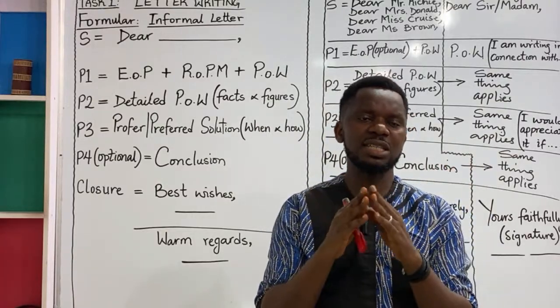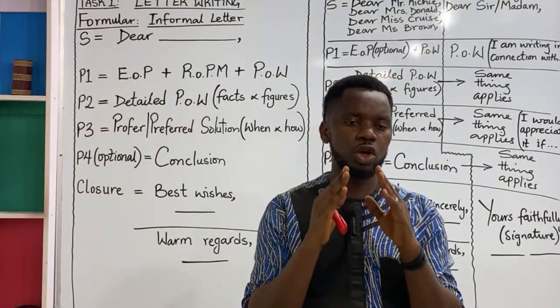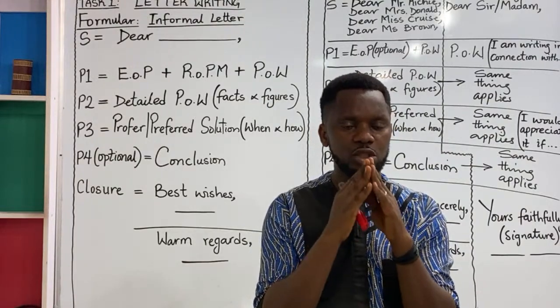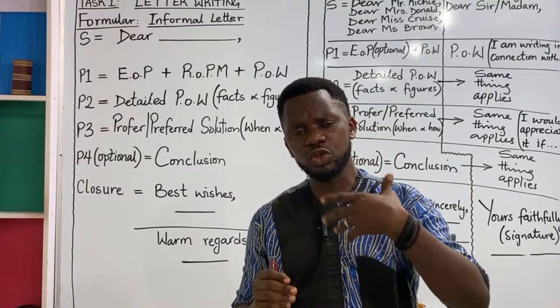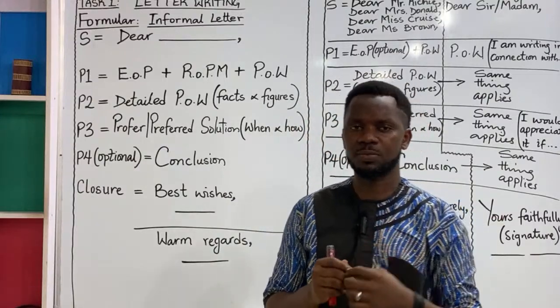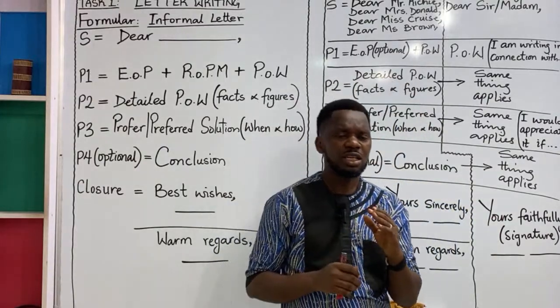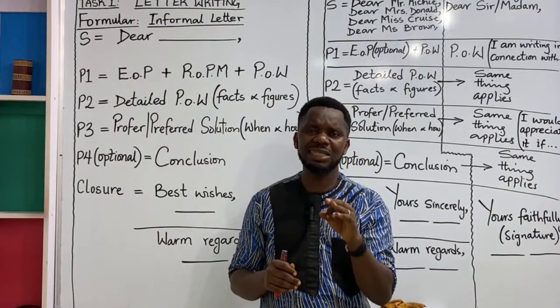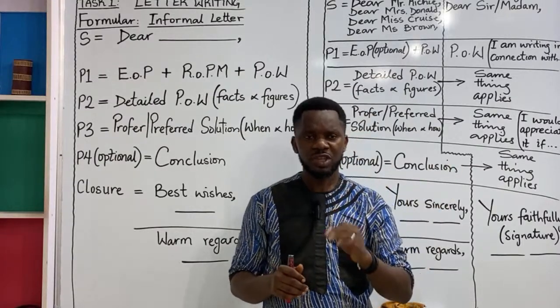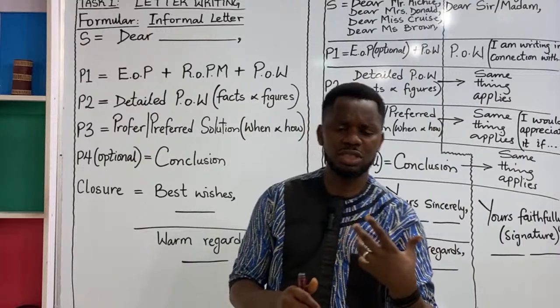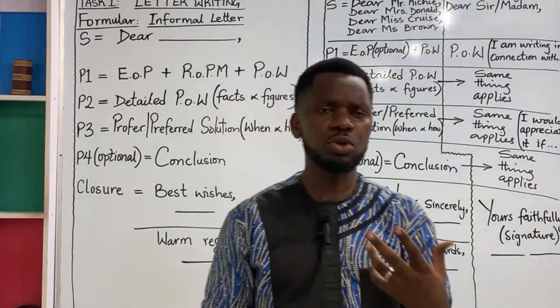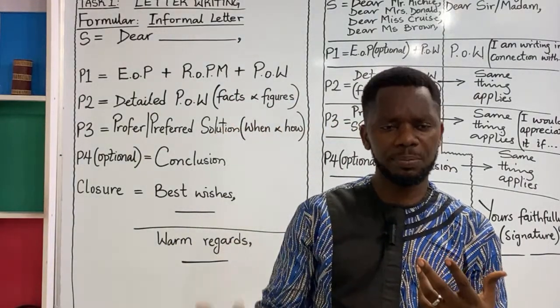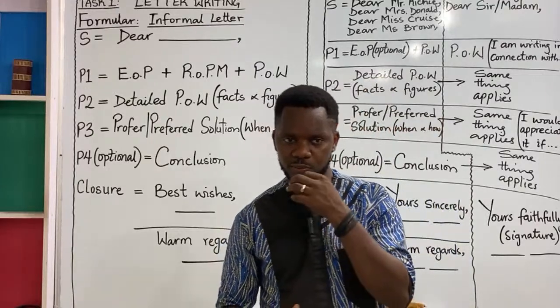If the question says, write a letter to your professor or lecturer, you know your lecturer because you've been attending lectures. If a question says, write a letter to your landlord, you know your landlord because you processed your books or papers before packing into the house or accommodation.